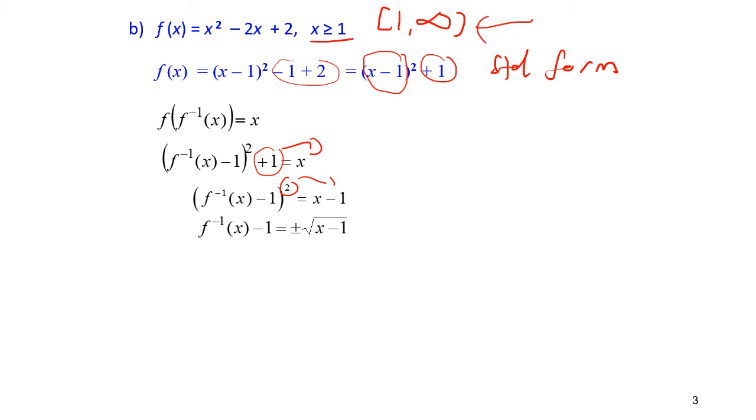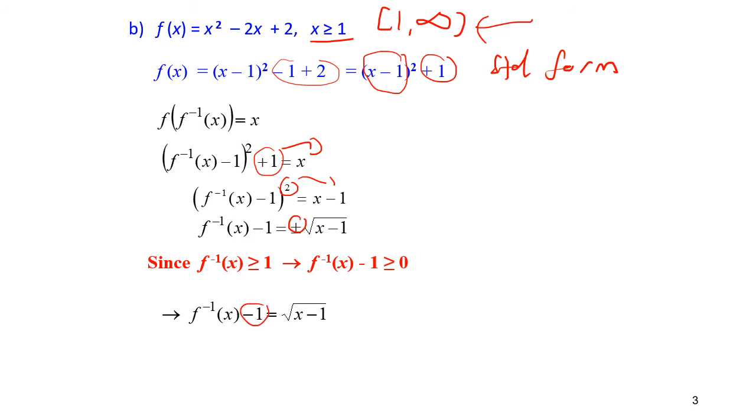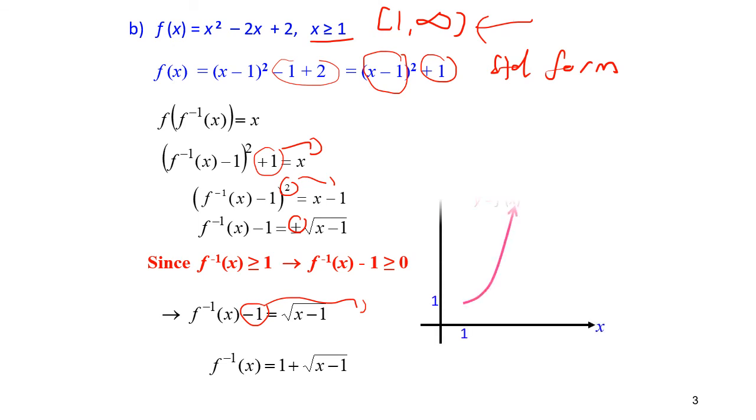Our restricted domain is [1, infinity), that is the positive one, so of course we choose the positive square root of x minus 1. Then we bring the negative 1 to the right hand side, so it becomes 1 plus. That's our inverse function for the first restricted domain, [1, infinity).